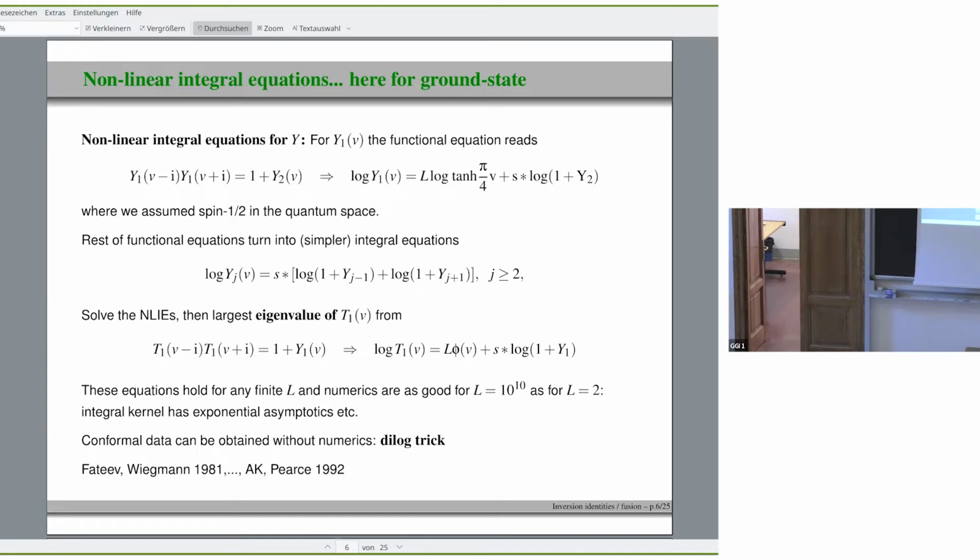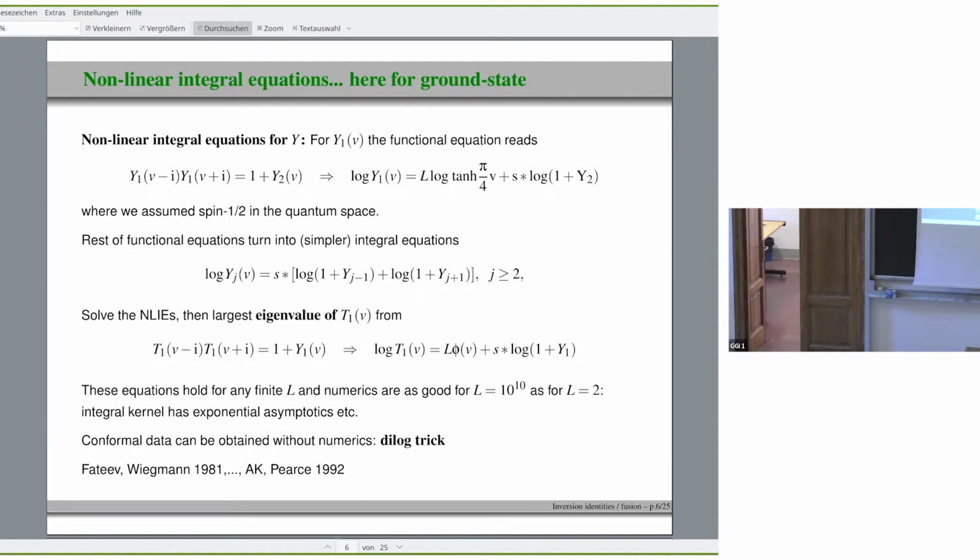Then you do the same as before, take the log, and rewrite this functional equation into an integral equation. There you know the y1, do the integral, and then you have the transfer matrix T1. And okay, so far so good.